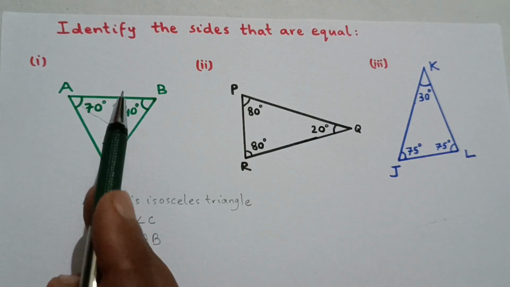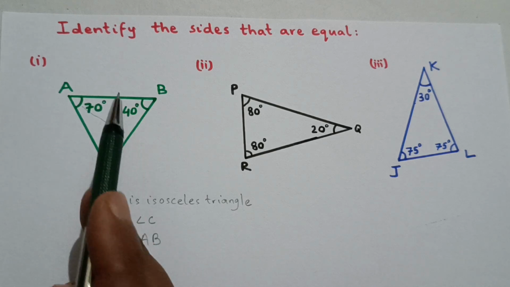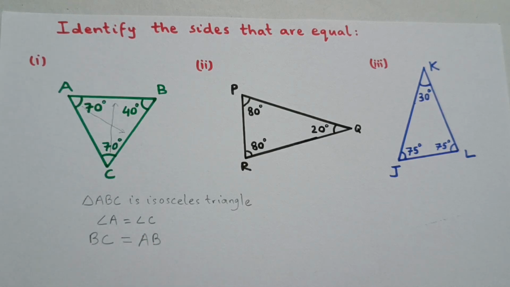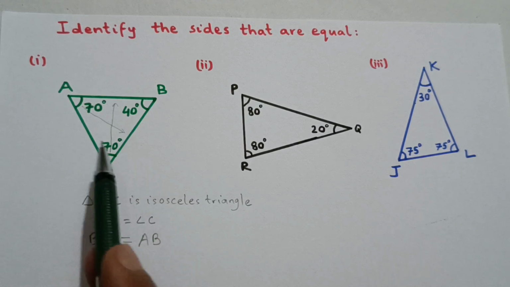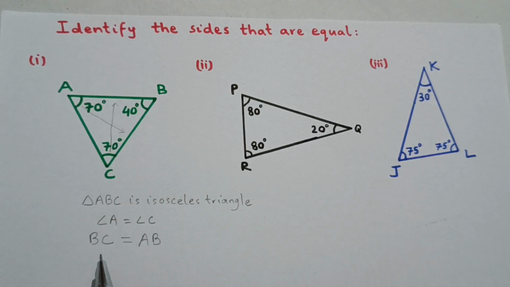So BC and AB are the two sides that are equal to each other. So we have found out which two sides of this triangle are equal to each other. It is side BC and side AB.